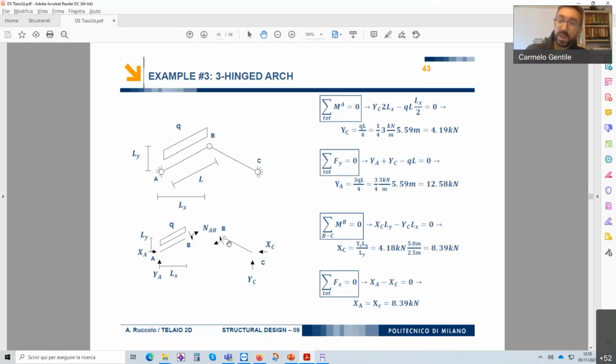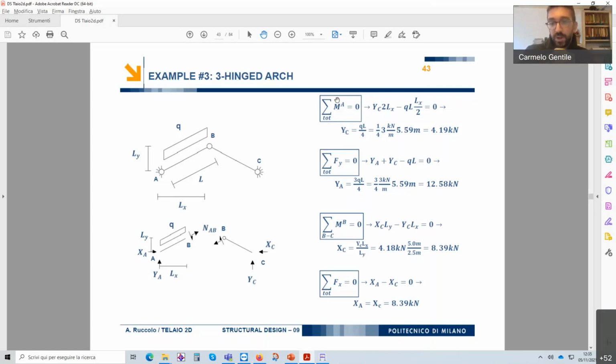Obviously, since we have one hinge connecting the two elements, we have no bending moment connecting the two beams, because we have the possibility to have rotation, and if we have possibility to have rotation, we have no bending moment.